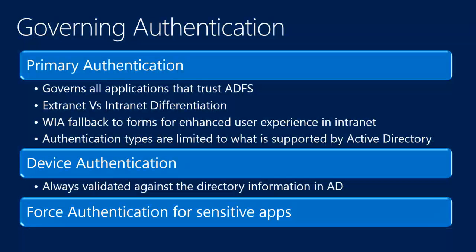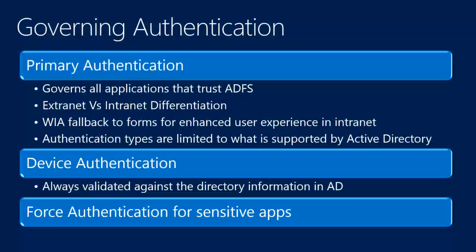So to solve that, what we did was that we introduced this notion of Windows integrated authentication fallback to forms. Now, what that means is that inside the network, if Windows integrated authentication is chosen, based on the user agent that an admin can feed in, we can say that's the approved list of Windows integrated authentication user agents.